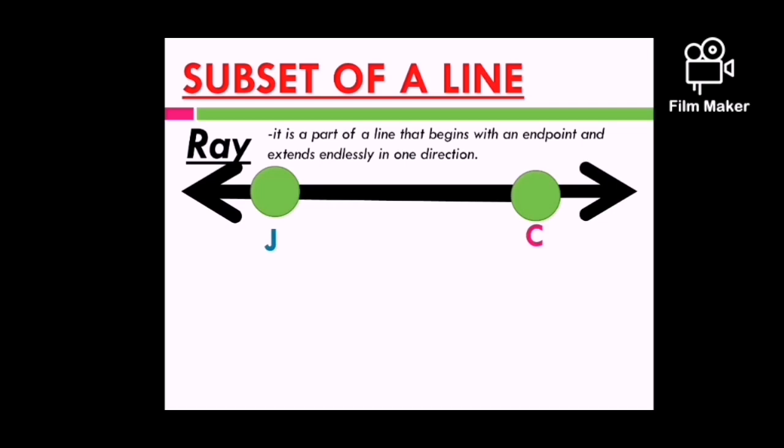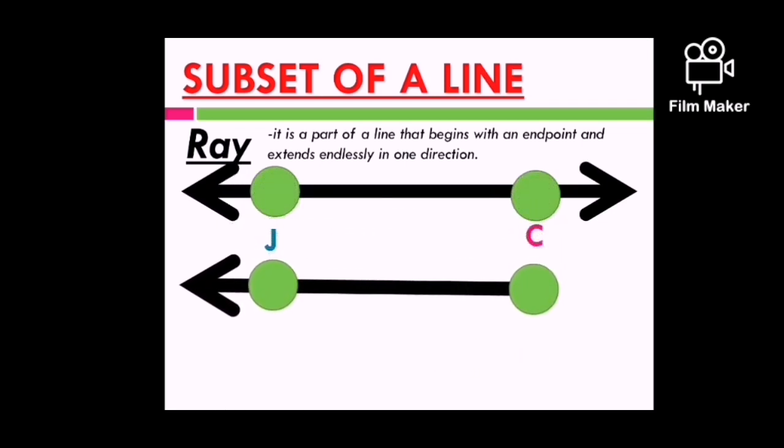Another ray that we can get from the illustration is ray CJ. It begins with an endpoint, which is the point C, and extends endlessly to the direction of J. So it is denoted as ray CJ.